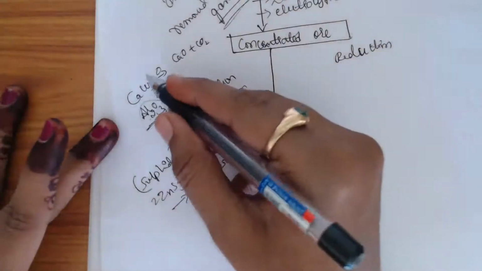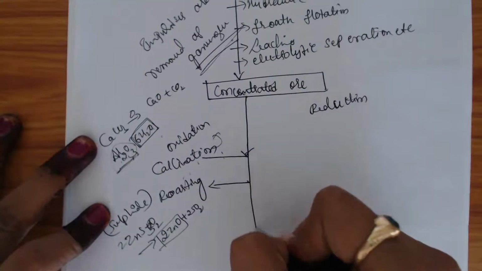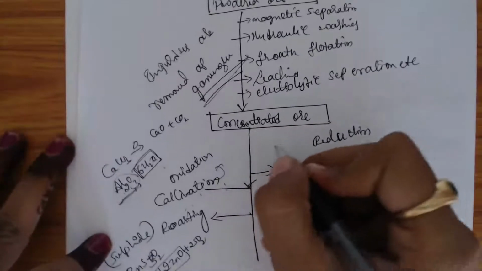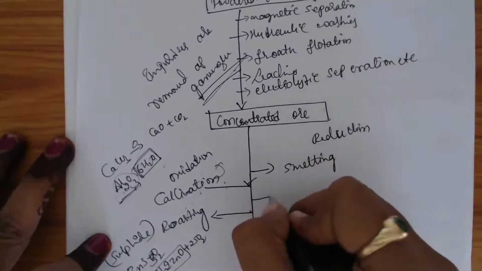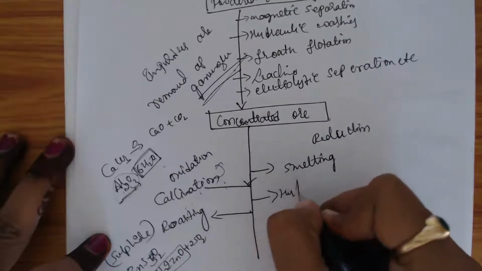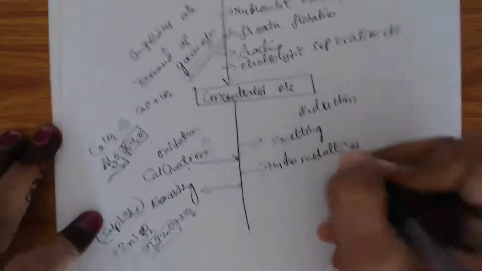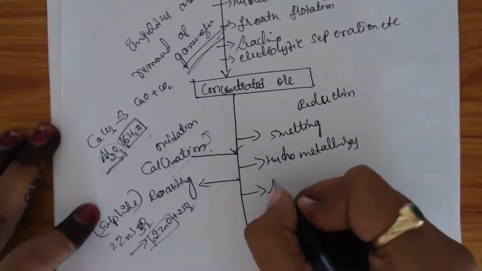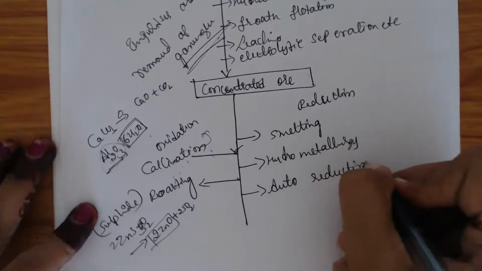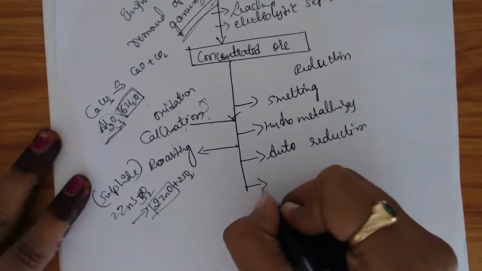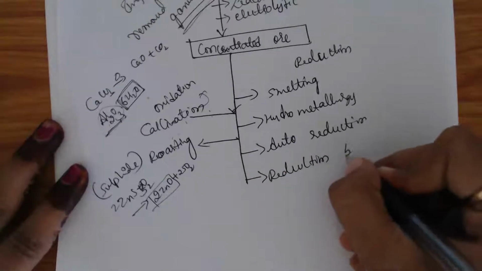So in the reduction process, once the oxide ores are obtained, they undergo reduction. So what are the reduction methods? Here it is melting. Next, hydrometallurgy. Next, auto reduction. Next, reduction by suitable methods.